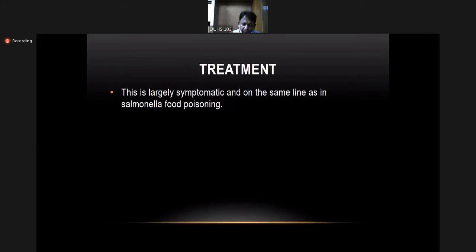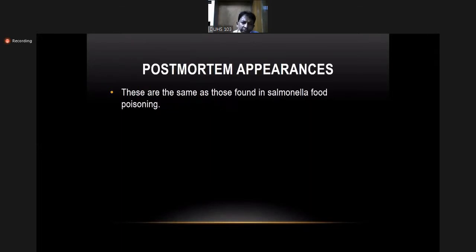Specific treatment is followed as in Salmonella food poisoning. Postmortem appearances, when death occurs, are the same as those found in Salmonella food poisoning.